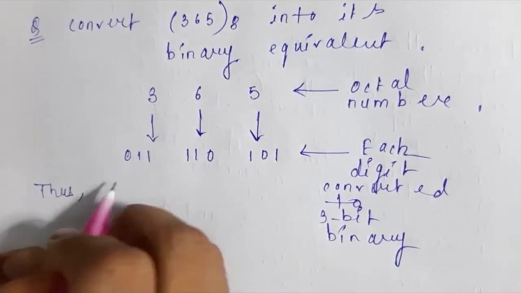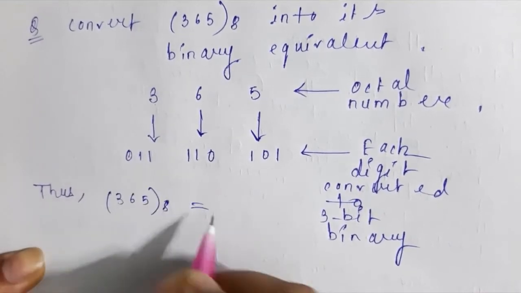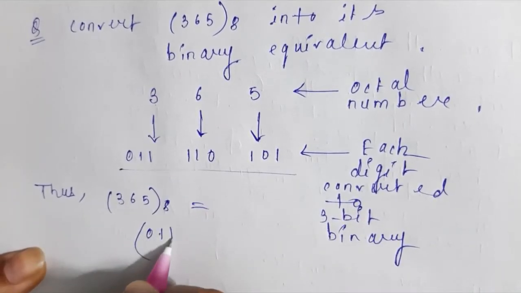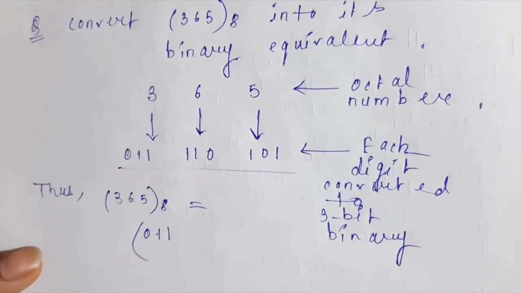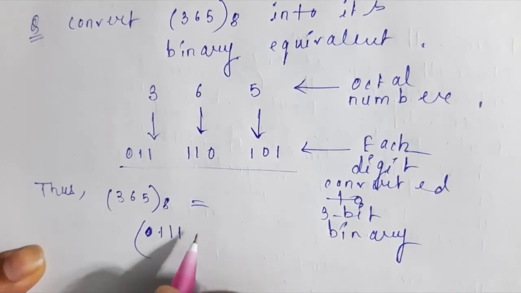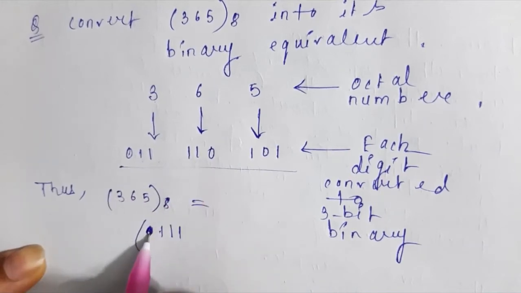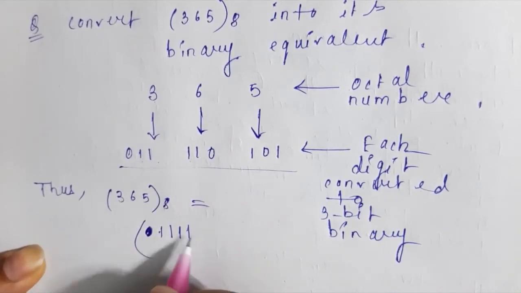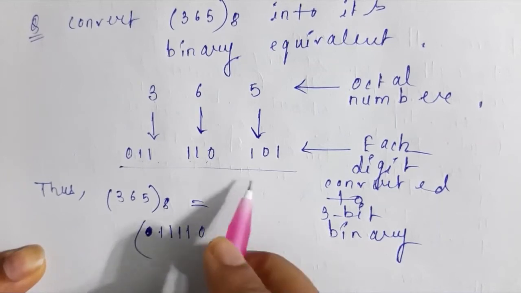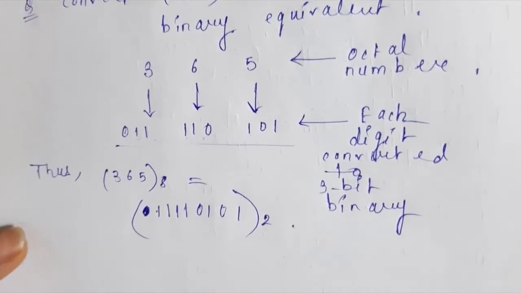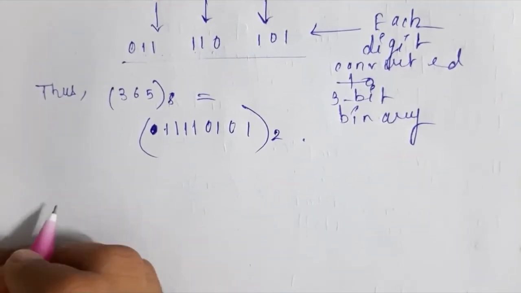Thus 365 base 8 will be 0, 1, 1, 1, 1, 0, 1, 0, 1. Here we can ignore the leading 0. So like this you can convert.